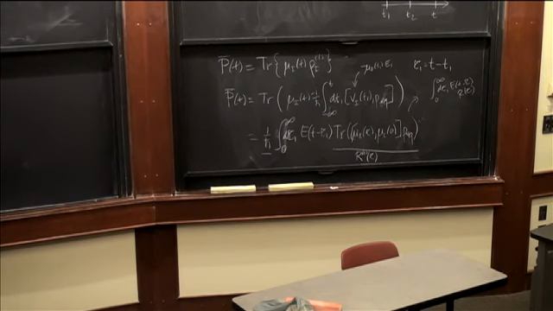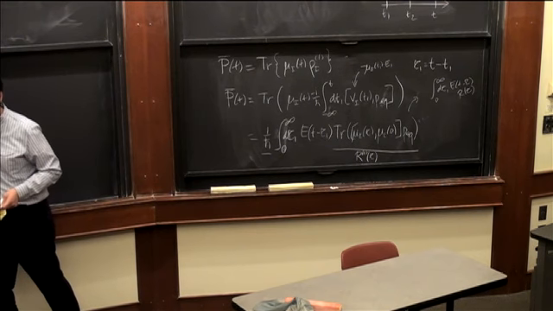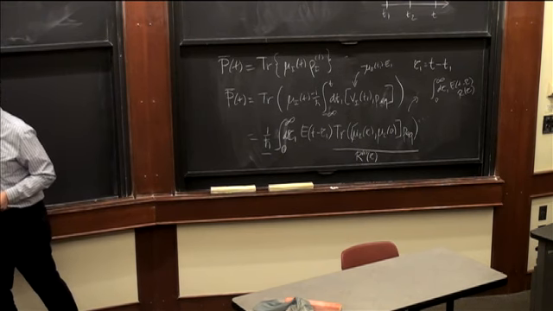And that correlation function can be written as a trace over the product of operators in the traditional time-ordered direction.